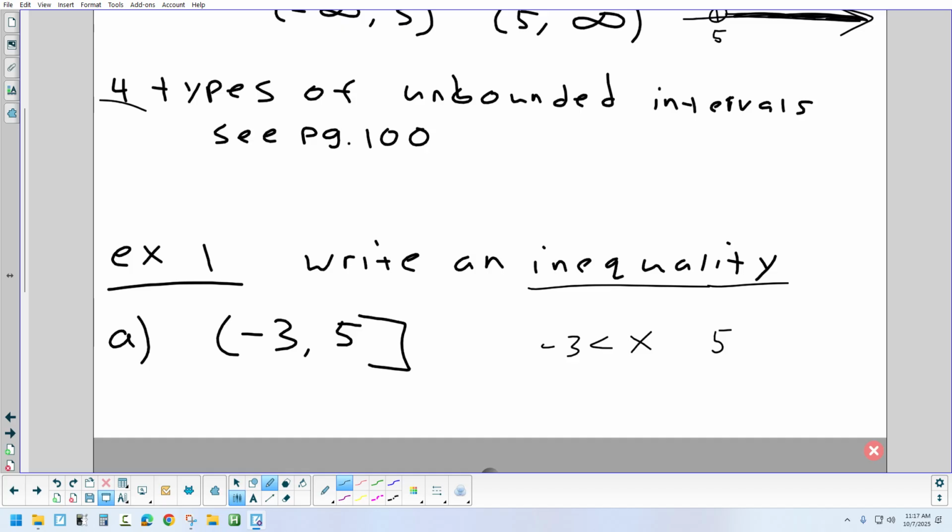So what symbol are we going to put here? Nope, not a less than. Oh, less than or equal to. So remember, if it's a parenthesis, it doesn't have the equal to. If it's a bracket, then you need to put the equal to. Any question on that one?